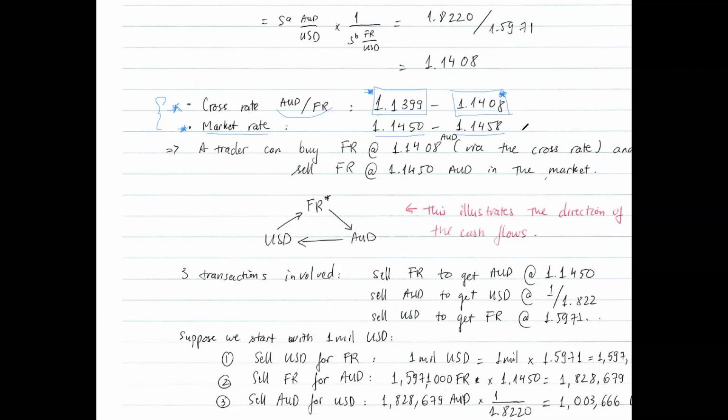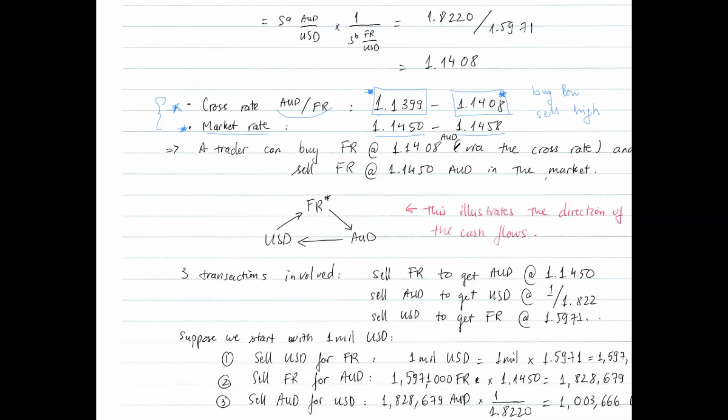So a trader will profit if they can buy low. If I trade something, I will make a profit if I can buy an asset at a lower price and sell the asset at a higher price, right? So in observing these rates, we want to identify whether there is any chance for us to buy the franc at a low rate and then sell it at a higher rate.